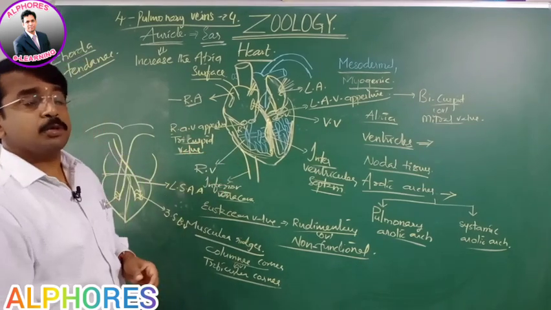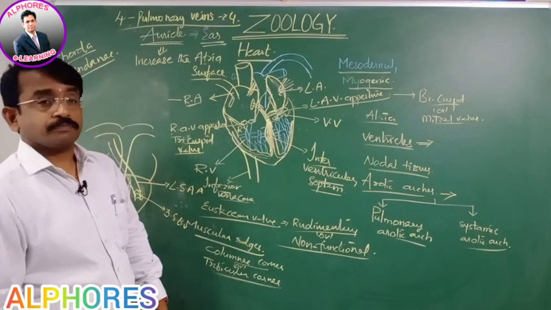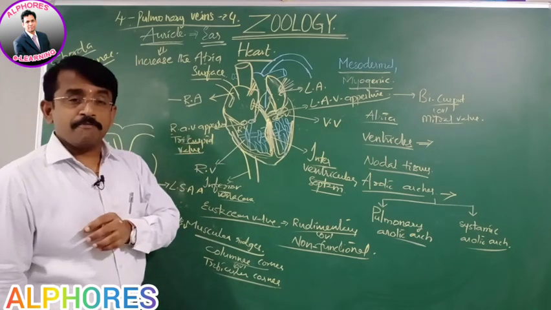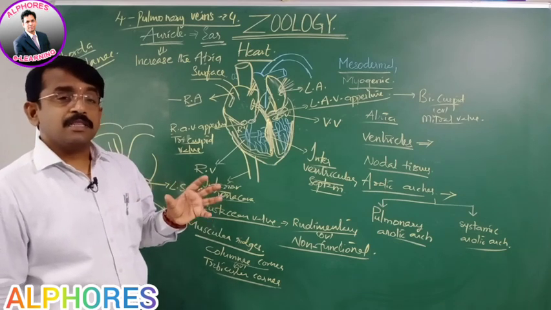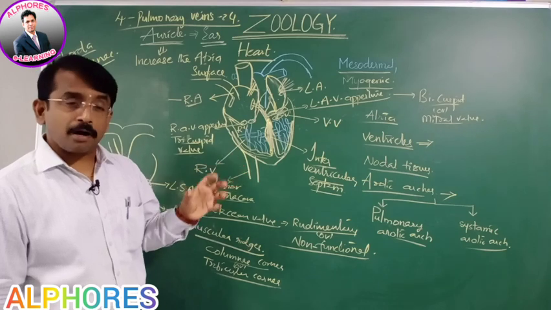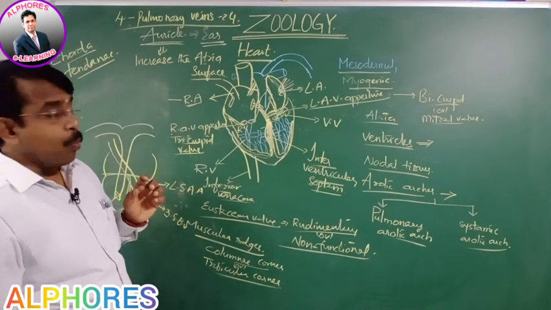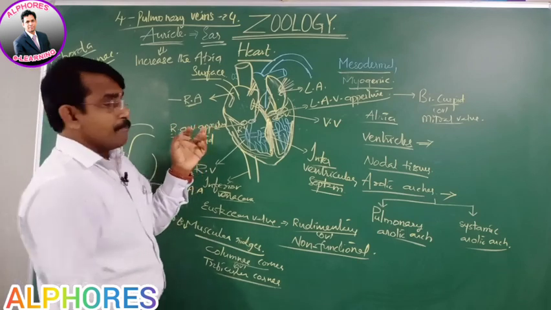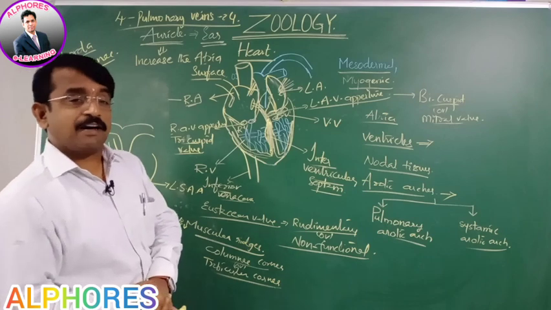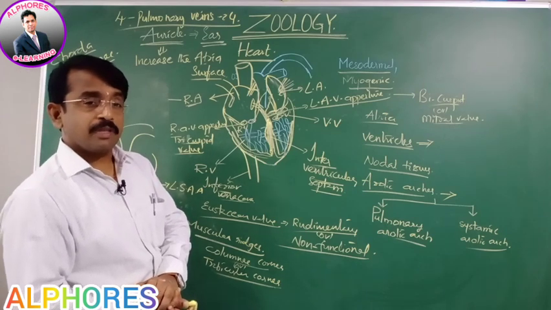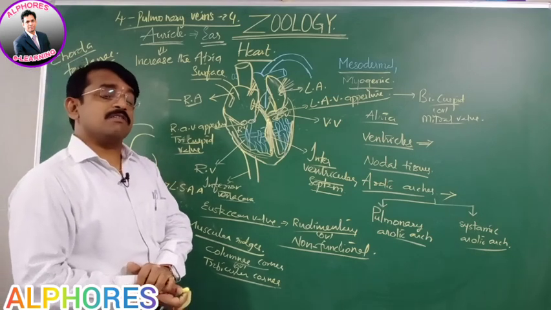Let me clarify that generally the heart receives blood from different parts. Even from its own wall the blood is brought about, through what are named the coronary artery and coronary veins.